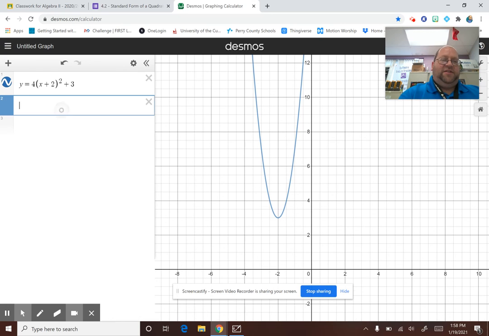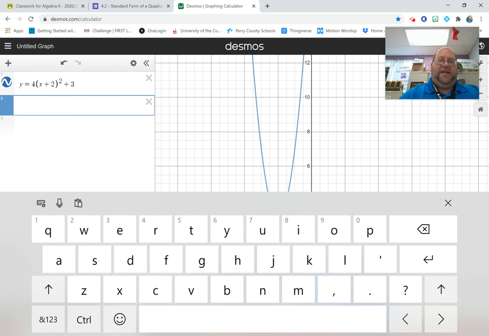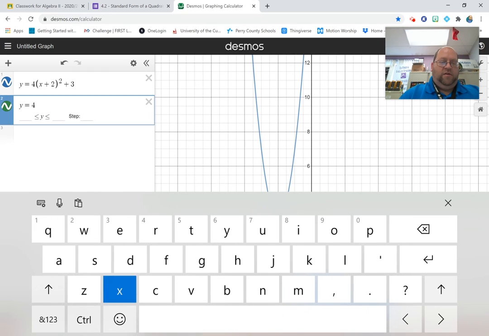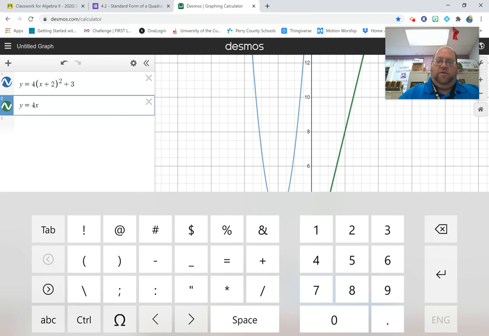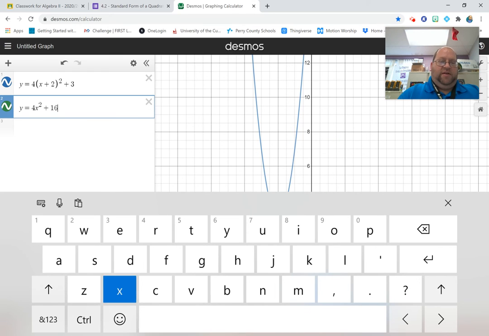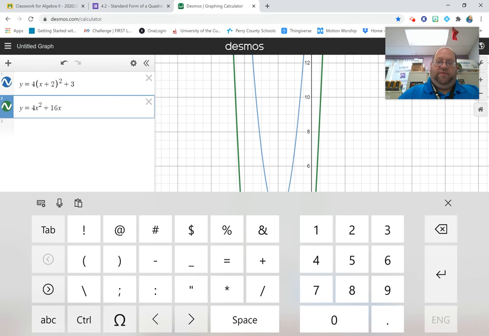Okay, now let's do this same thing. Now we're going to use our standard form again that we originally started with. So y equals 4x squared plus 16x plus 19.